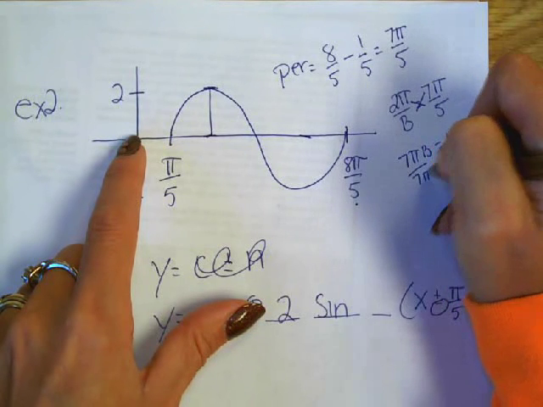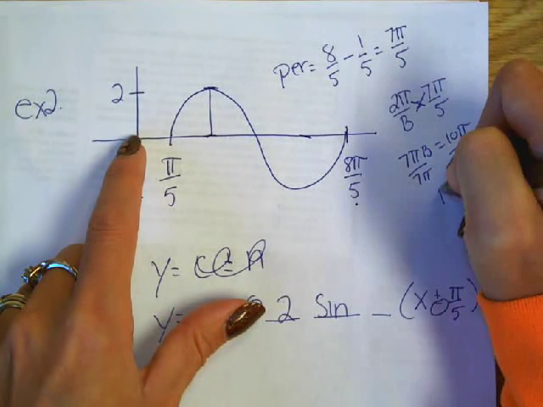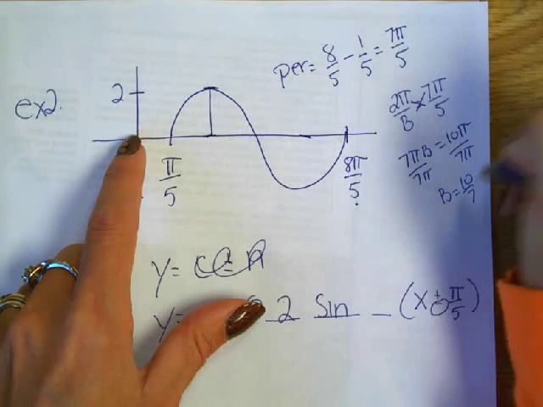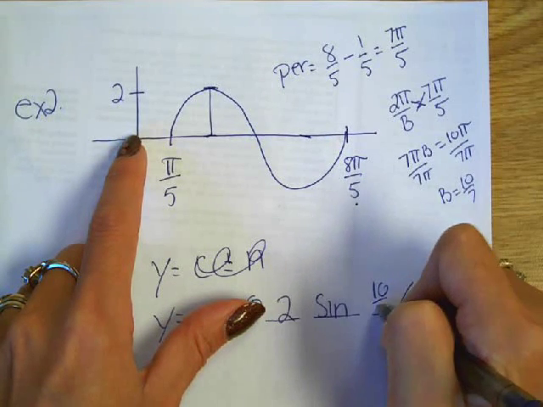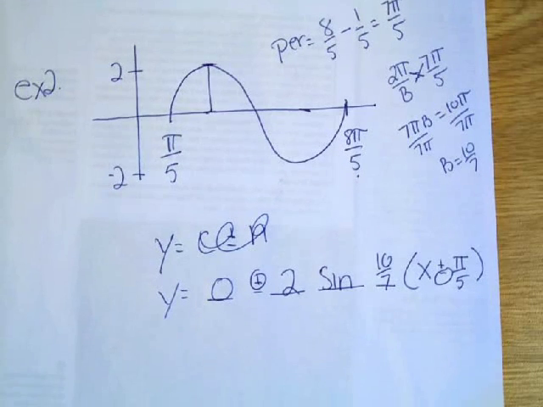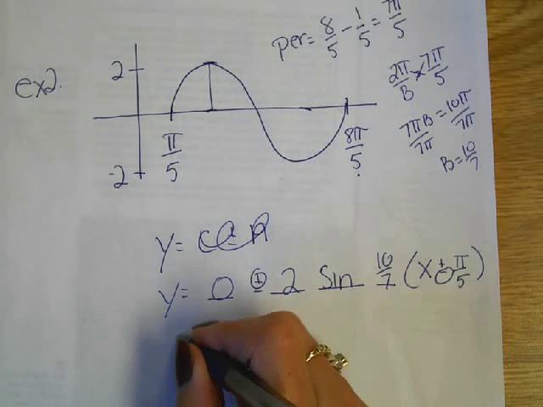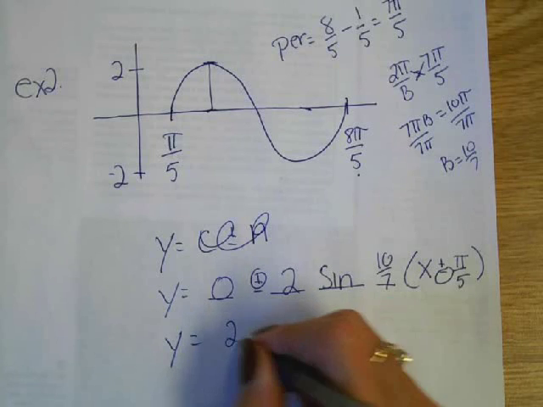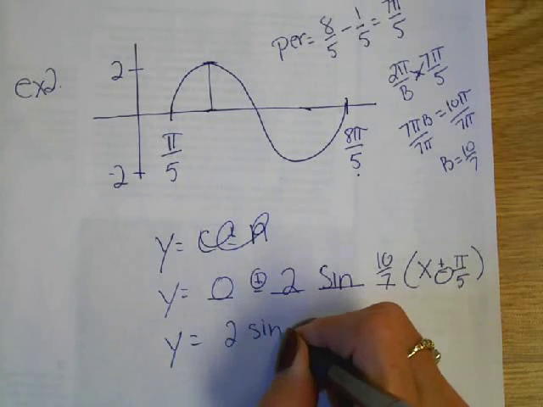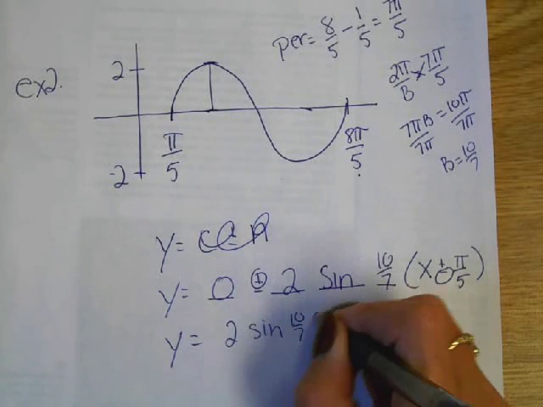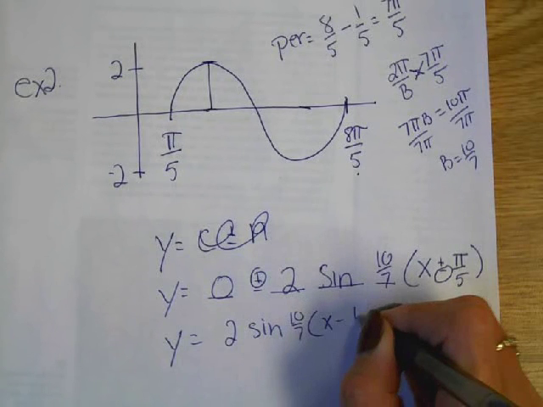Divide by 7 pi. Yes, because it's a distance, like a length, yes. So y equals 2 sine 10/7 times x minus pi over 5.